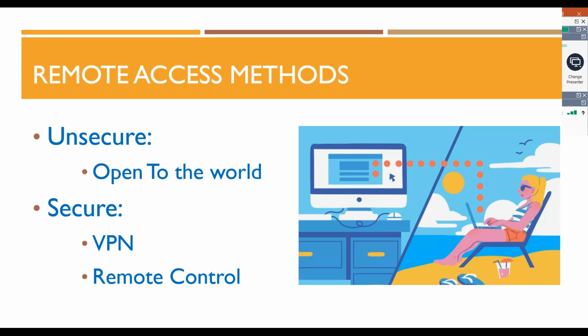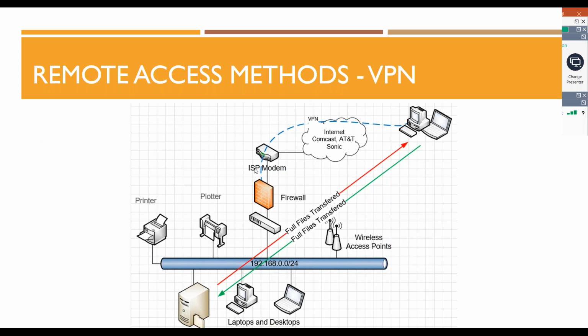All right, so moving on to our next. So we'll talk about the VPN as a connectivity method first. And what this stands for, VPN stands for Virtual Private Network. And what it does is it makes your computer virtually become a part of your office network.